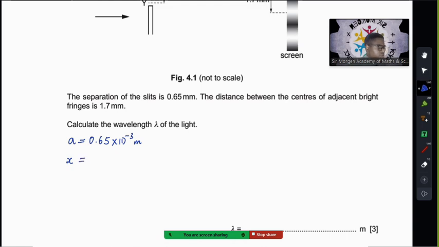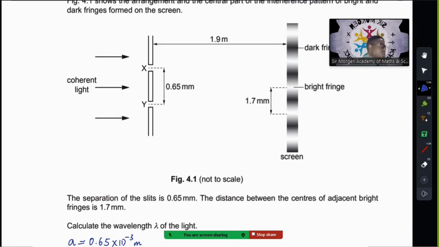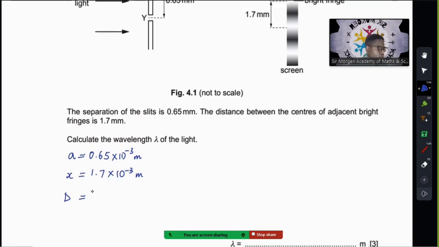So this is x, the distance separation between the adjacent bright fringes, which is 1.7 times 10 to the power negative 3 meters again. And then we have this capital letter D on the screen. If you check there, the distance between the slits and the screen, that's 1.9 meters. And the question wants us to find lambda.